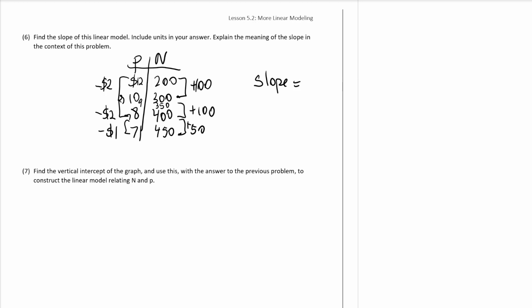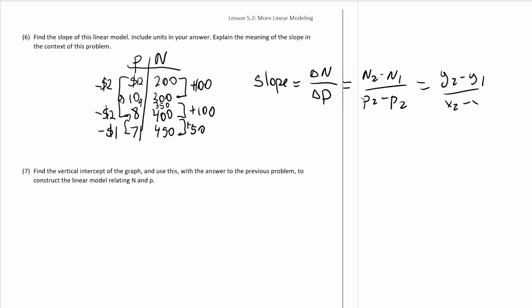So it is change in n divided by change in p. The delta represents the change. So it's n2 minus n1 over p2 minus p1, or if you remember, y2 minus y1 over x2 minus x1.